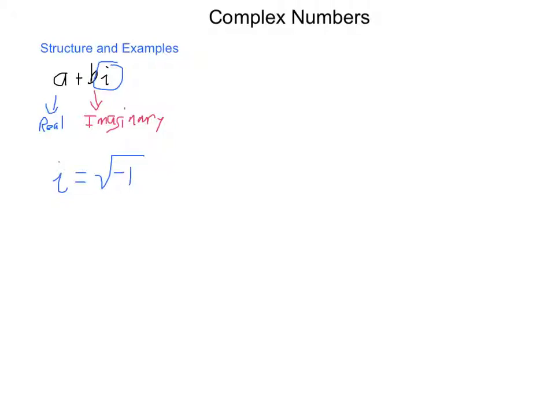So if we're asked to simplify a square root, such as the square root of negative 9, well, this is the square root of 9 times the square root of negative 1. Square root of 9 is 3, square root of negative 1 is i.